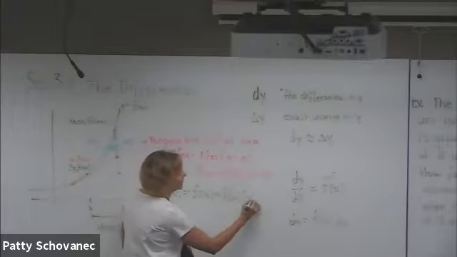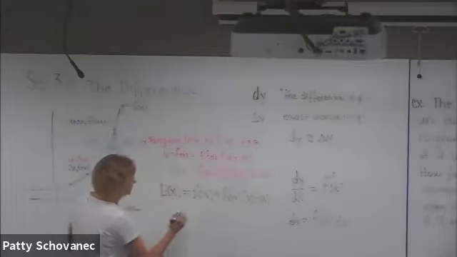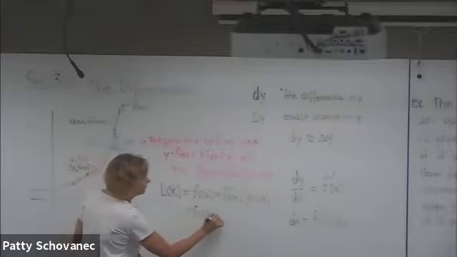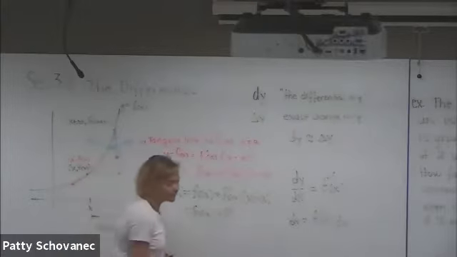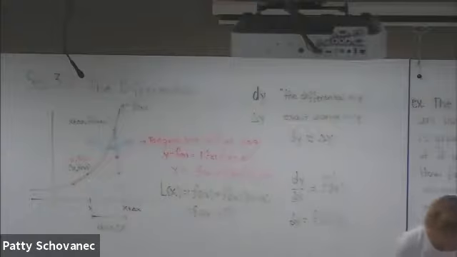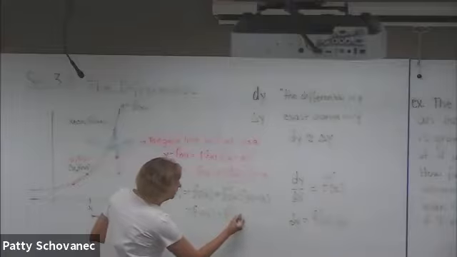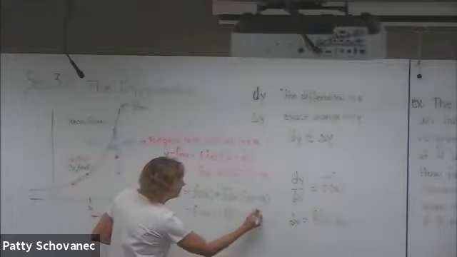And that's what the x minus a is. Let me write it with change in x notation: f of a plus f prime at a times delta x, which is x minus a.